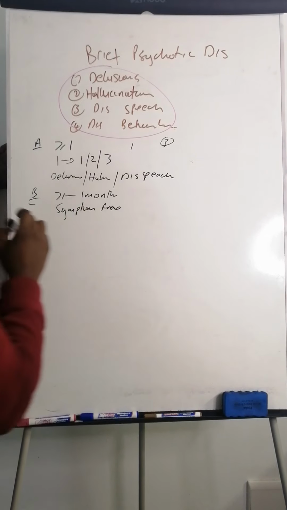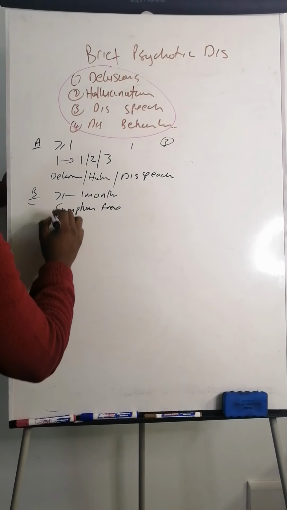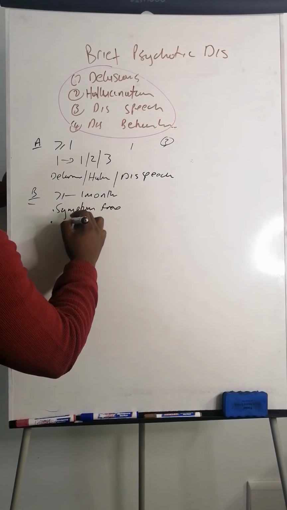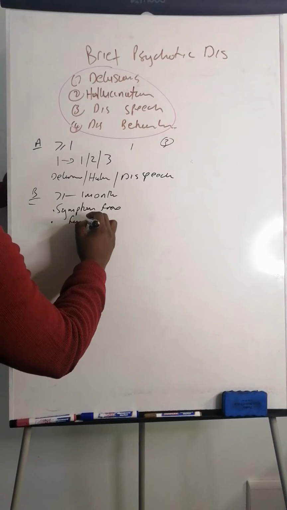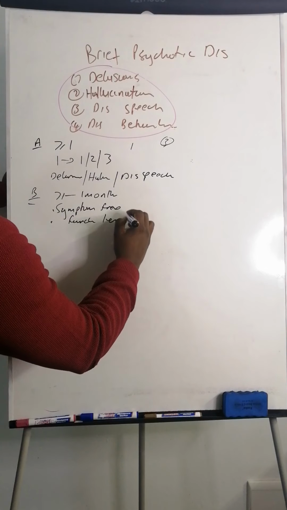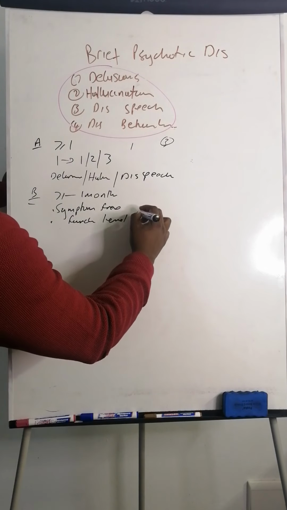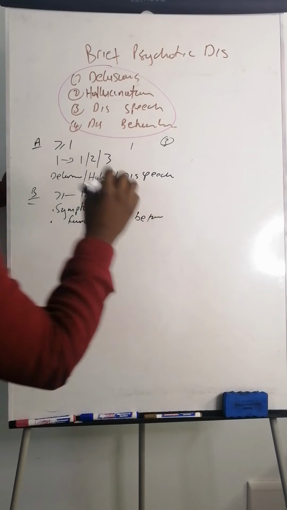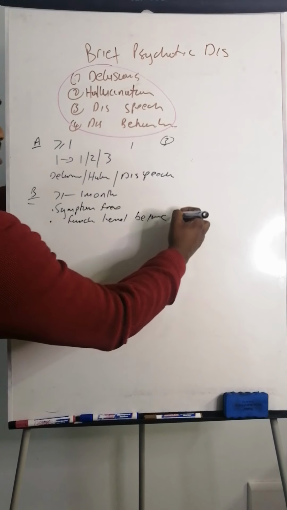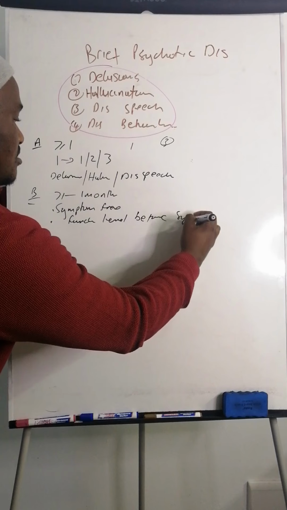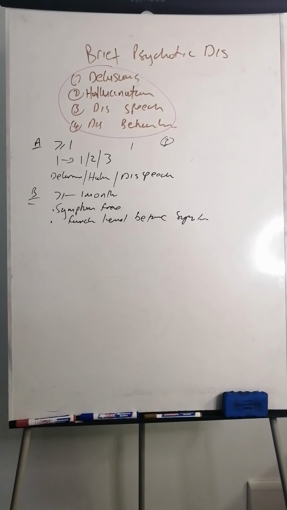This patient must be symptom-free and they must return to the functional level which they had before the symptoms began. So they must be fully functional if they were fully functional.